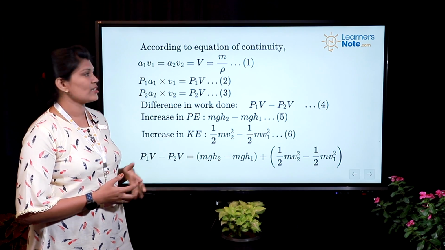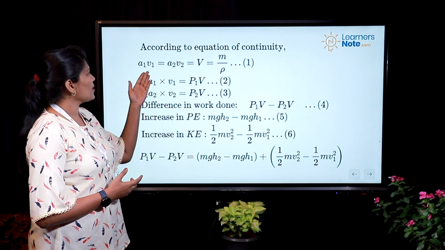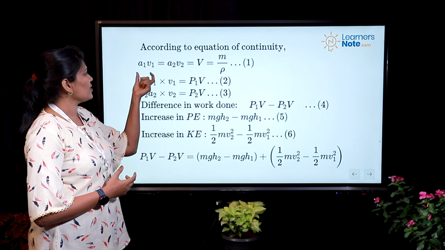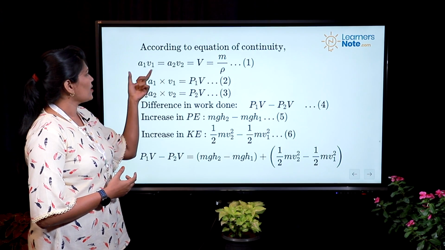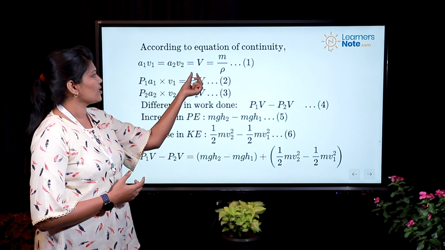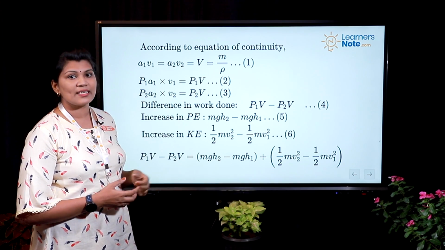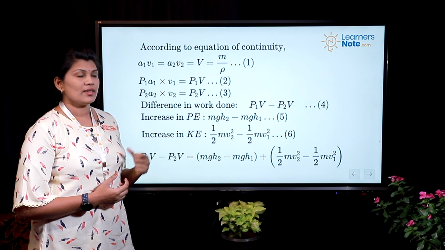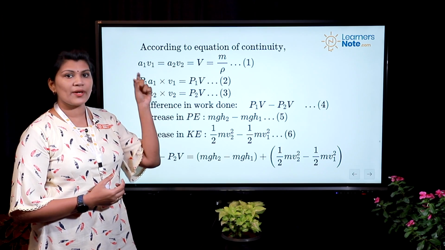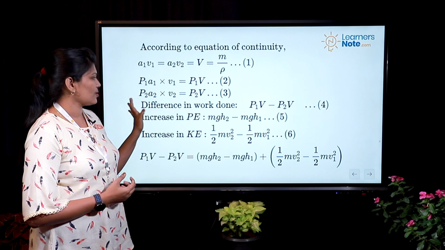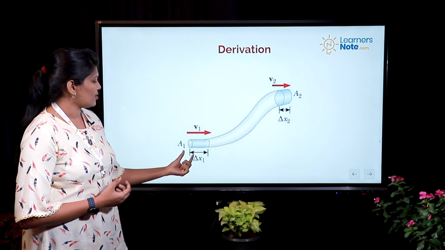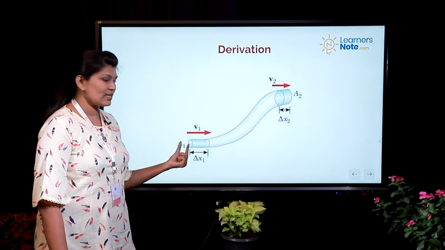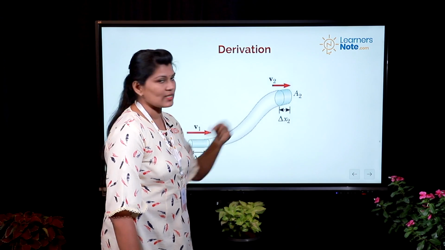Here we are starting our derivation. For that we are applying our continuity equation, that is A1V1 is equal to A2V2, which is equal to V. Here this capital V indicates the volume of the liquid displaced from that particular initial point, that is, here this is the area 1 region and this is the area 2 region.